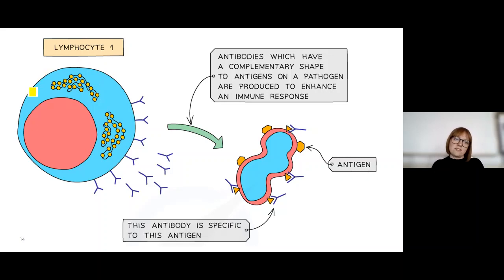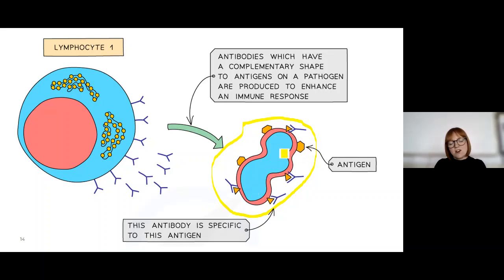Here we've got lymphocyte 1, and we can see this lymphocyte, this white blood cell, has recognized the pathogen, the one that I'm putting a shape around now. It has noticed that the pathogen has specific antigen shapes on the outside of its surface.